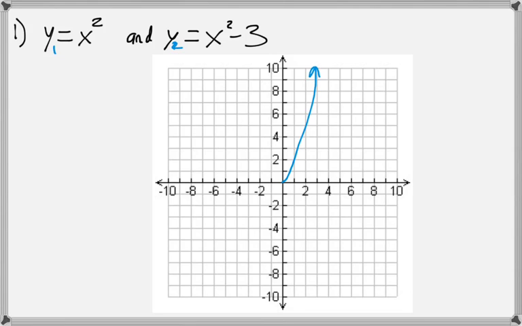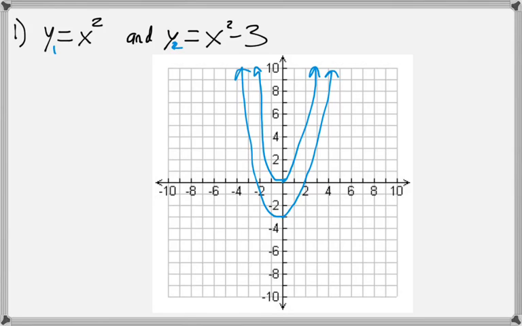So my first one looks like a parabola, like that. And my second one, it's basically the same parabola, only it's shifted down. So you'll see that it's been shifted down, and when you're trying to describe how they've changed, it's best to look at two distinct points on the graph.